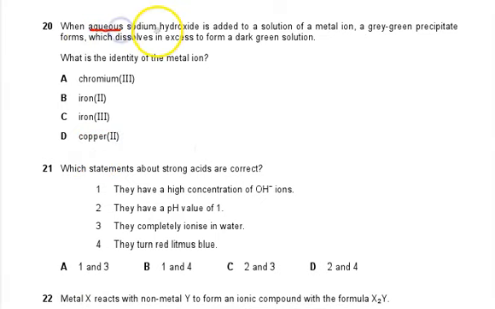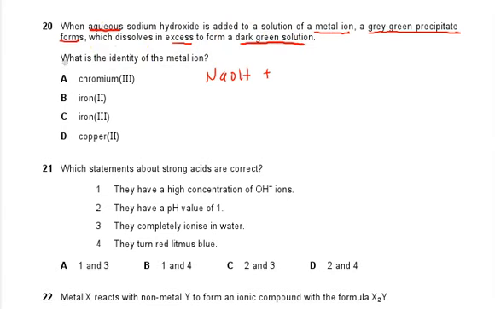When aqueous sodium hydroxide is added to a solution of a metal ion, a gray-green precipitate forms, which dissolves in excess to form a dark green solution. What is the identity of the metal ion?